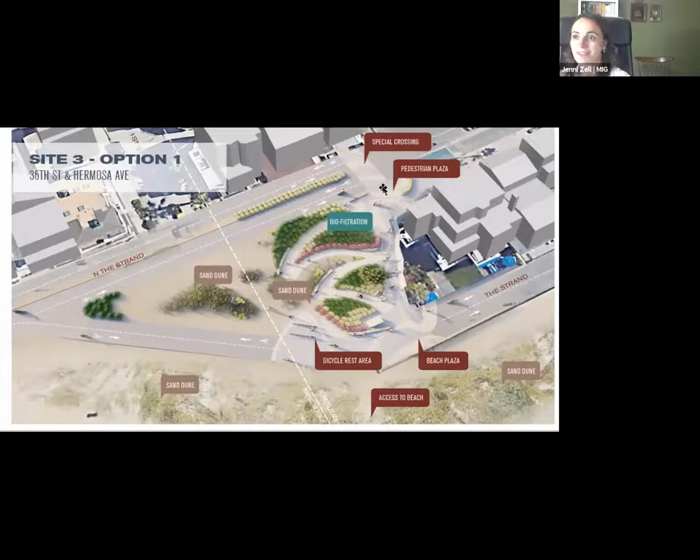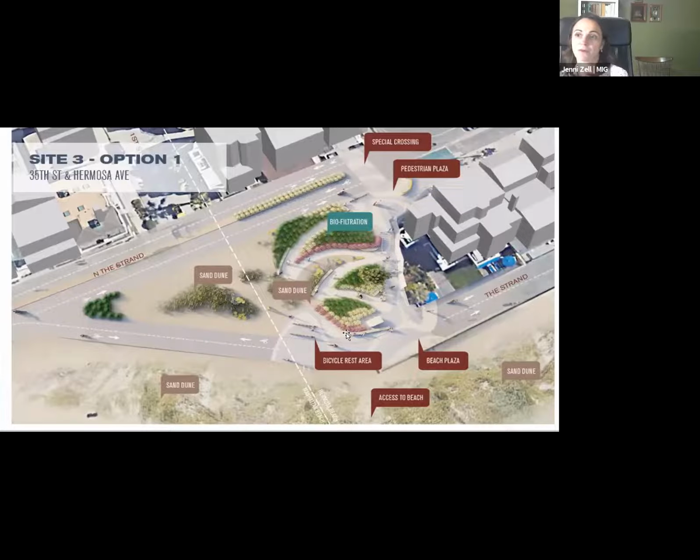And this option as well includes a special crossing, just to really draw attention to where you need to go. Watch out, there are some intersections of pedestrians and bikes in this zone. It also reinvents this little mini plaza located here, gives space to stop and rest, meet friends, and meander down through a little bit more plaza-like.